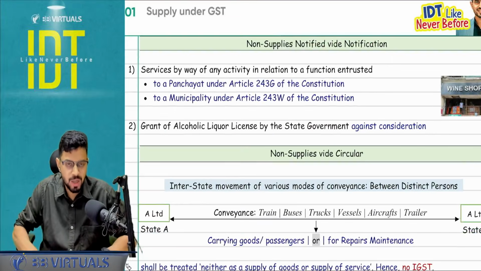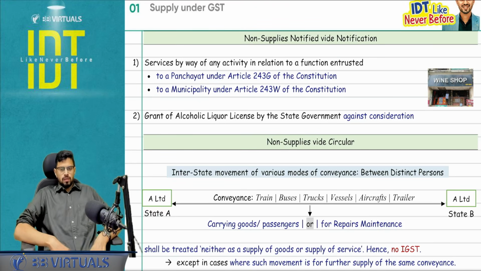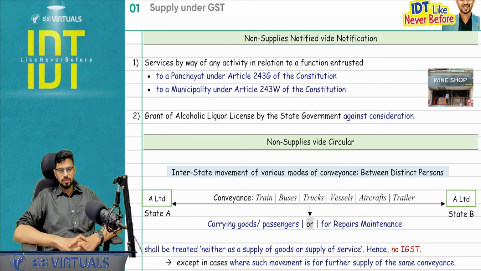Do this particular part, review. Then can I go ahead?